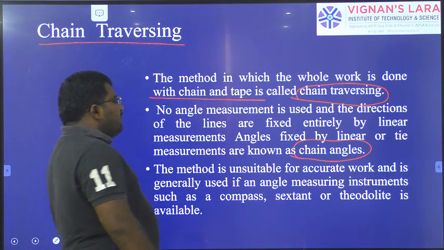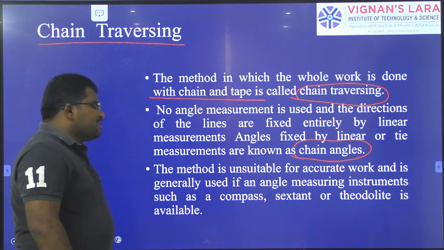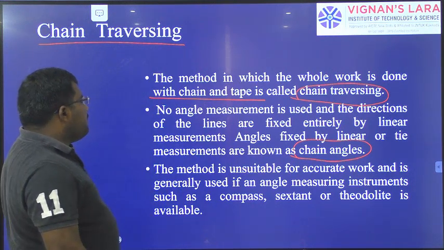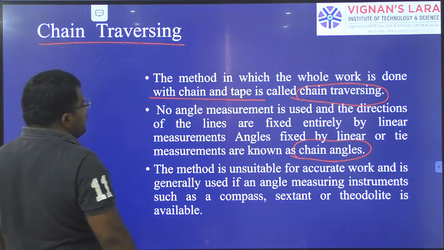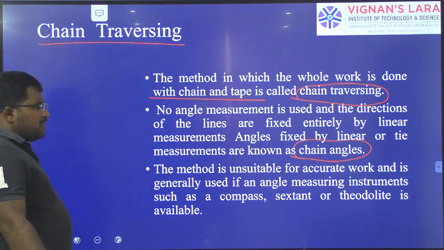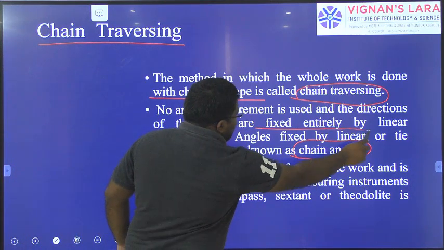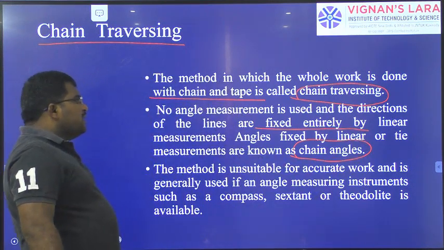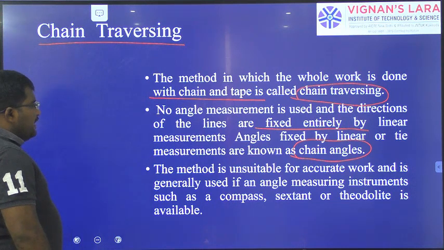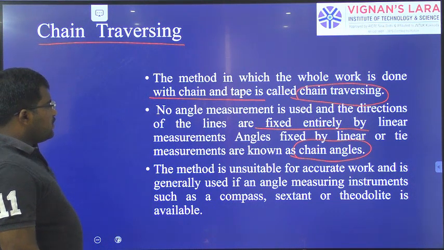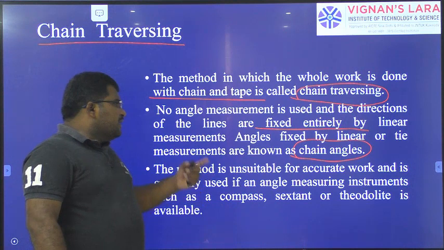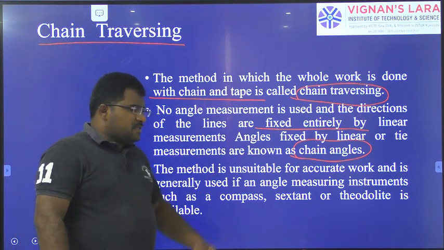So here, for angle measurement, we don't have any special type of equipment. There is no angle measurement here, but the directions of the lines are fixed entirely by linear measurements.